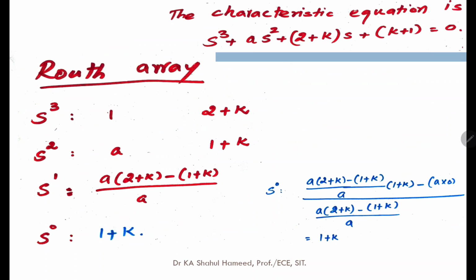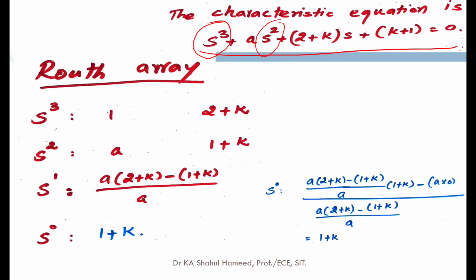Now, I am going to form the Routh array. I am taking the characteristic equation and finding the highest power of the polynomial. This is 3, and the next highest power is 2. So, the highest power order is 3. Then the Routh array has only 4 rows.